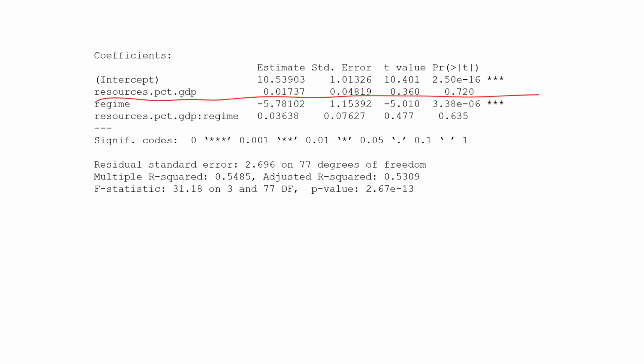For 1% increase in resources as a percentage of GDP for autocratic countries, the estimated average corruption increases by approximately 0.017 index points. So this is a very small effect indeed, considering that the theoretical values for the index range from 0 to 20.